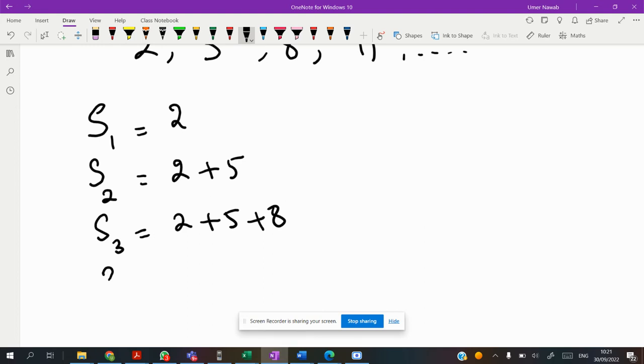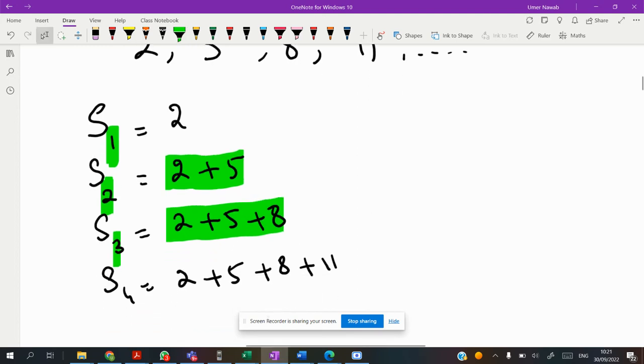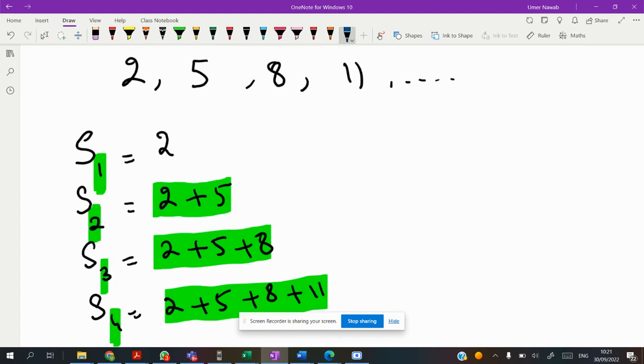If I want to find the sum of the first four terms, so 2 plus 5 plus 8 plus 11. So I hope you understand that S1 means the first term, S2 means the sum of the first two terms, S3 means the sum of the first three terms of that sequence, S4 means the sum of the first four terms of that sequence.